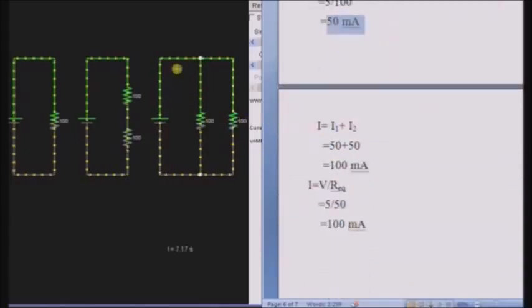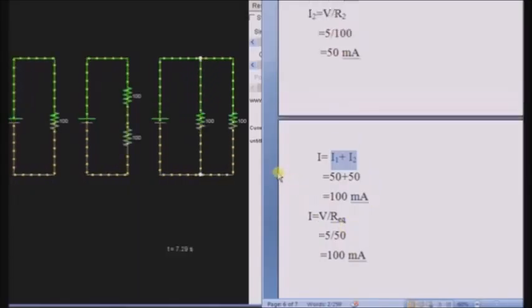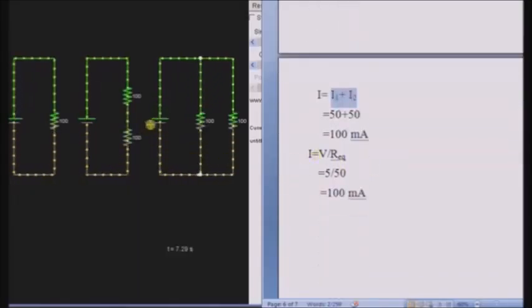Then the total current in the circuit is I1 plus I2 equals 100 milliamps, whereas the voltage is the same across each resistor.